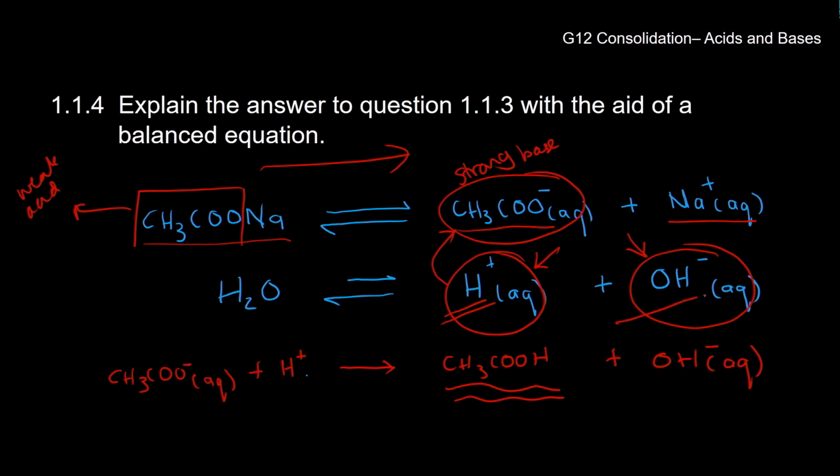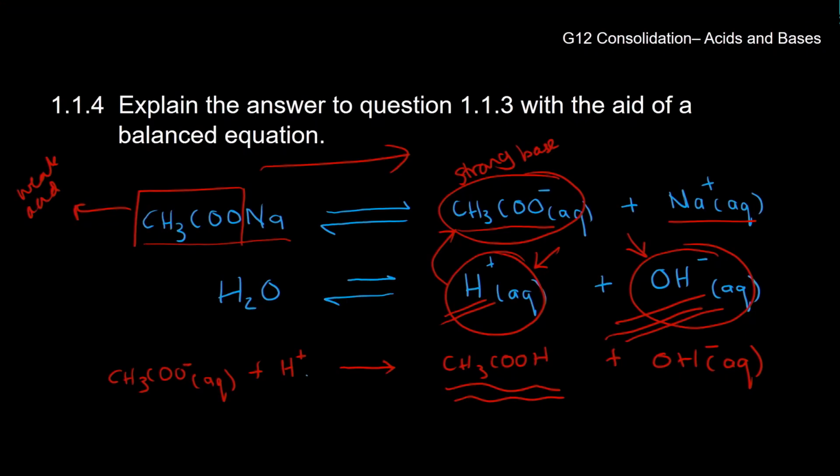Because there are a lot more hydroxide ions being made, the pH is going to be greater than 7. So that shows you what is happening in this particular reaction. The salt that is formed from a strong base and a weak acid is going to give you a salt which is slightly basic.